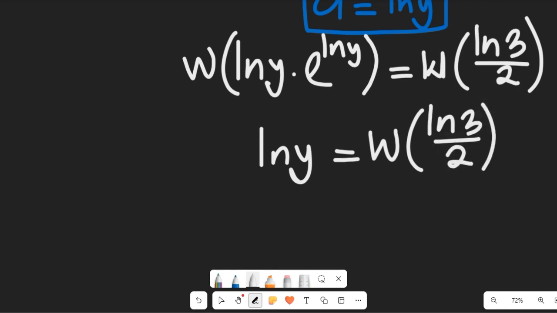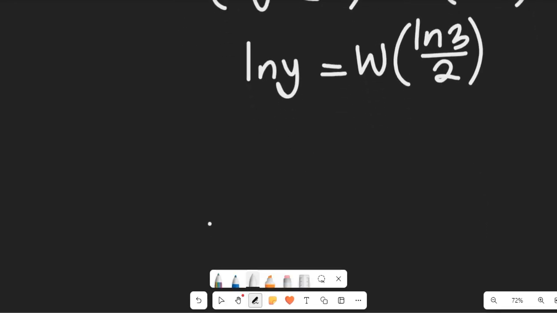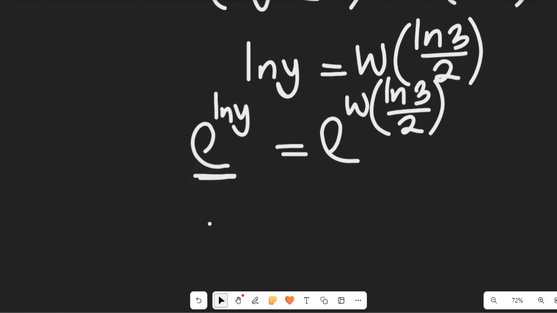Great. Now, having arrived at this point, I'll look at how I'll make good use of the exponent value. Now, recall that if I take this to become the exponential value of ln of y, I will also do this to the right hand side, exponential value of the Lambert of ln of 3 divided by 2, right? Now, if I do that, this expression, remember what we did, this expression can simply give me what?